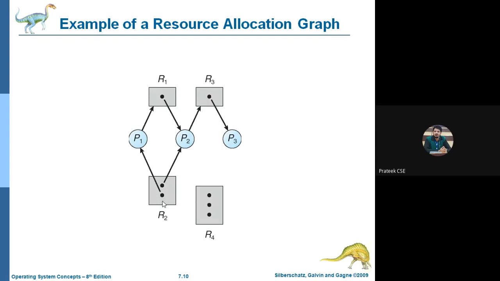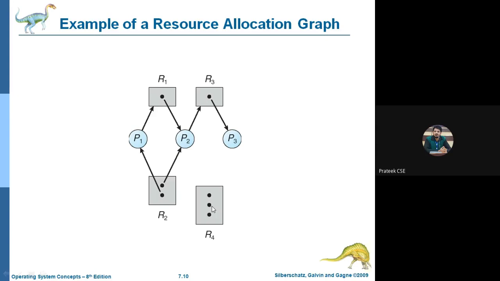So here you can clearly see we have 3 different processes which are represented in a circle, and we have 4 different resource types which are represented in a rectangle, and the dot inside these rectangles represents the instances. So R1 and R3 have only one instance. So suppose it is a single CPU and a single monitor, and suppose R4 is a printer.